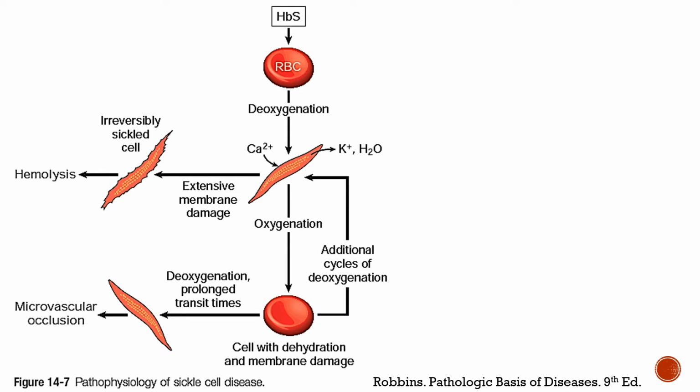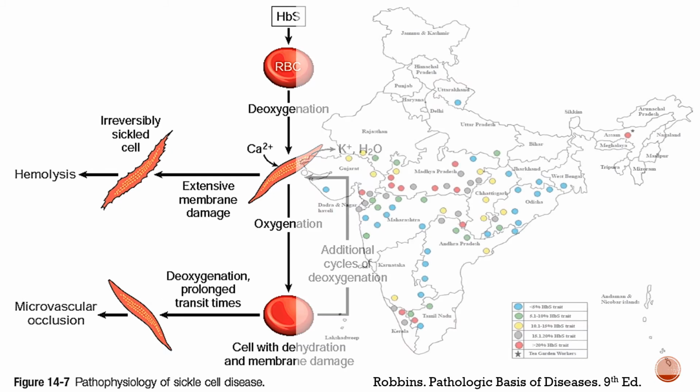Now, what happens? If these sickle cells are numerous, they can cause microvascular occlusion, thus cutting off the blood supply to the downstream areas, or they can cause hemolysis. So this is the basic pathophysiology of sickle cell disease.